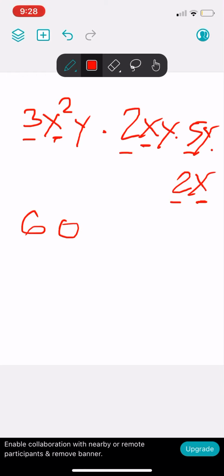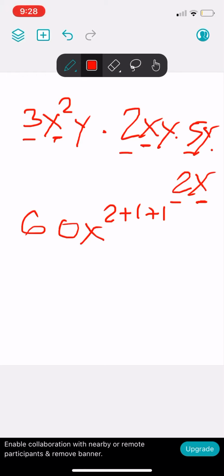So x, x, x. So here we have one x with power 2, another x with power 1, and another x with power 1. So we have x with power 4 now. Okay, that becomes x with power 4.